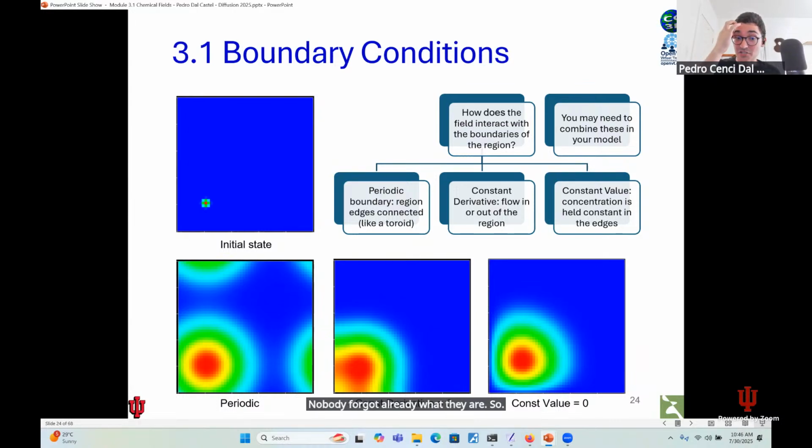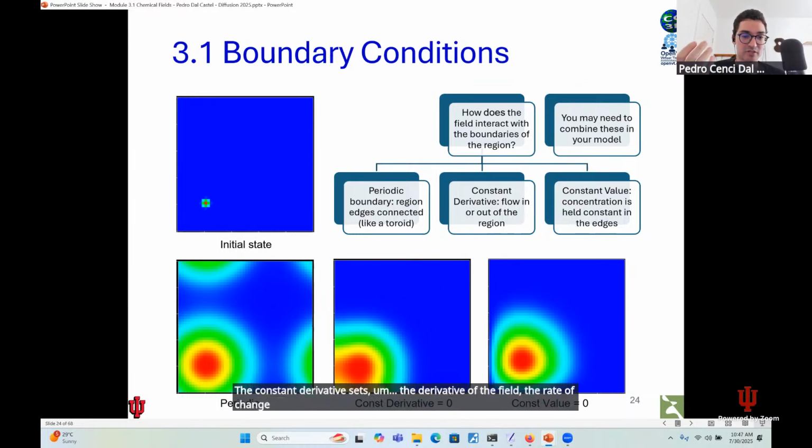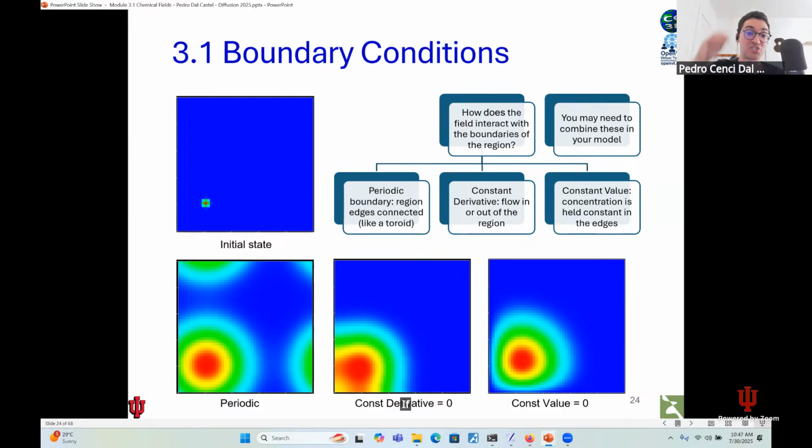Given an initial state of a droplet, the periodic boundary conditions will allow the field to cross the boundary and reappear on the opposite. The constant derivative sets the derivative of the field, the rate of change of the field at the border. If you set that to 0, it means that basically the boundaries are walls.